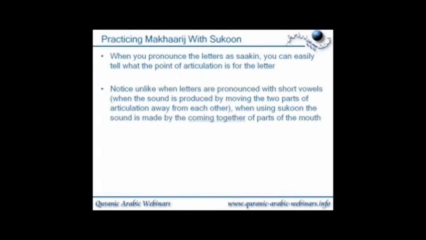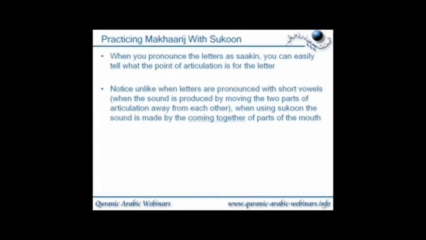Notice, unlike when letters are pronounced with short vowels, when the sound is produced by moving the two parts of articulation away from each other, when we use a short vowel like fatha, so if we say ba or ta, the points, like your tongue or lips touching your teeth, when you actually give the vowel sound, the parts of the mouth used to make the sound are moving away from each other.